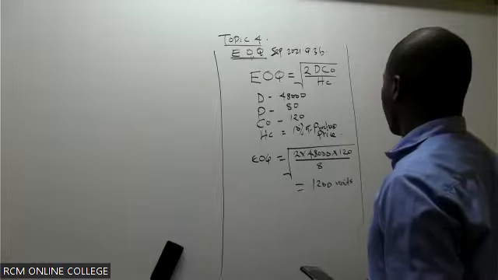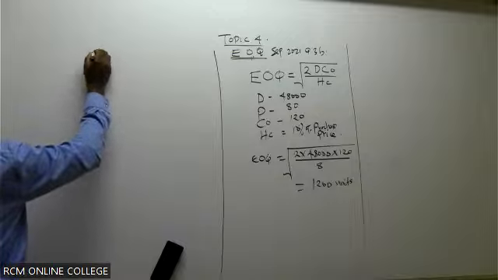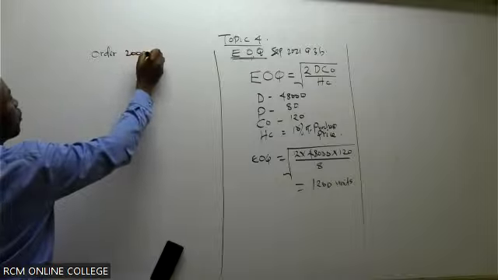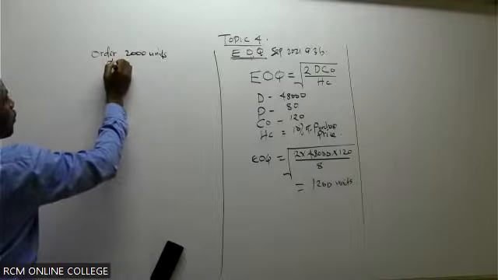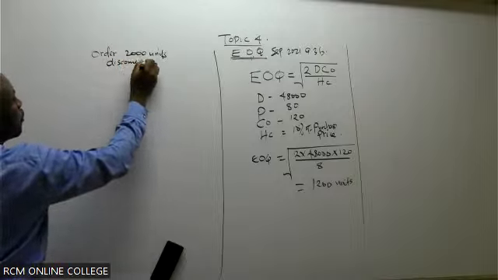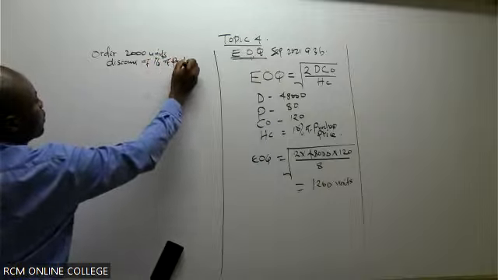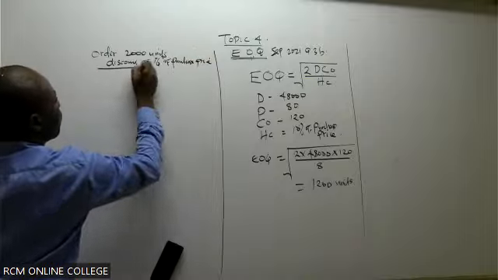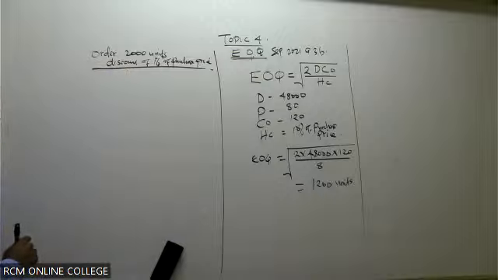So the offer is order 2,000 units, and then enjoy a discount of 1% of purchase price. So if you order 2,000 units, you're going to enjoy a purchase price discount of 1%.